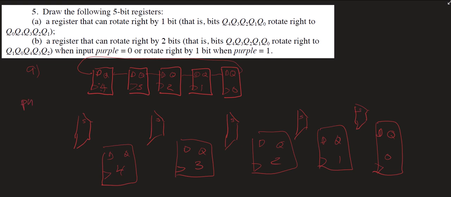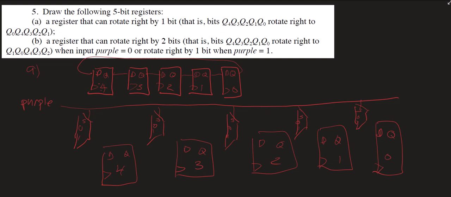And I'm going to put my S on top this time. So I have purple as my variable. Okay, so rotate right 2 bits when input purple equals 0. So that means I'm going to go into the 0.